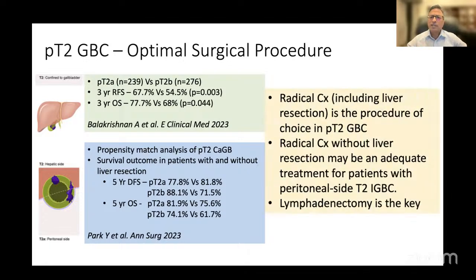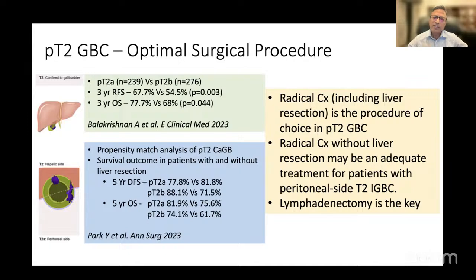So in general, radical cholecystectomy is recommended in PT2 lesions. But in PT2A, which is the peritoneal side, perhaps, and I emphasize perhaps, liver resection may not be absolutely essential, as the outcome may be similar.